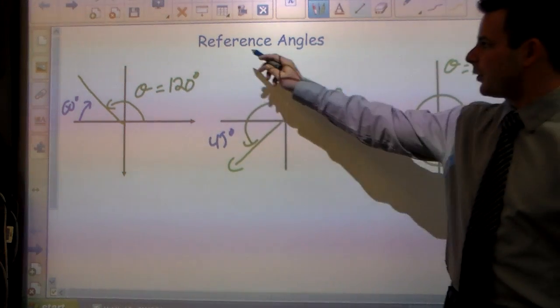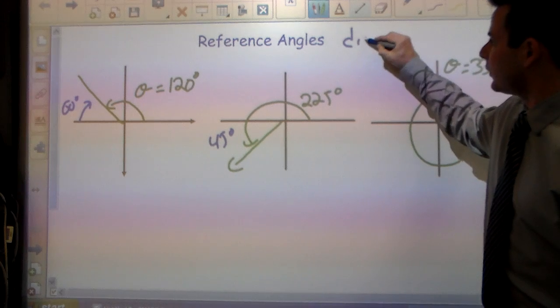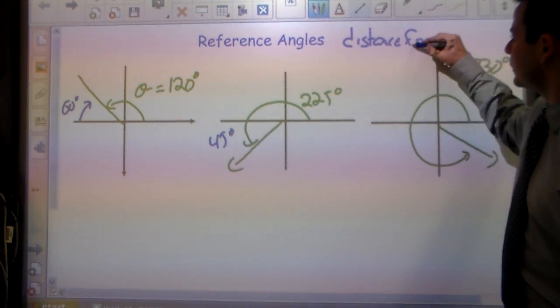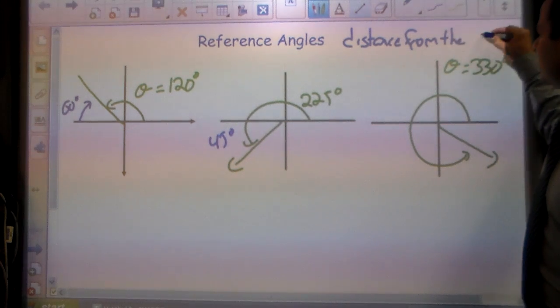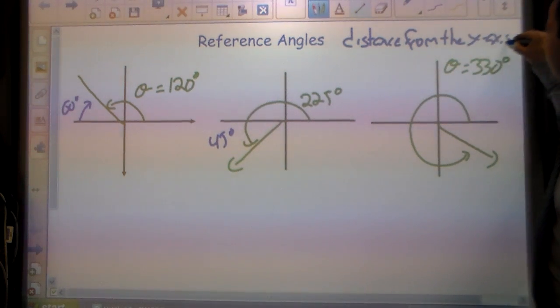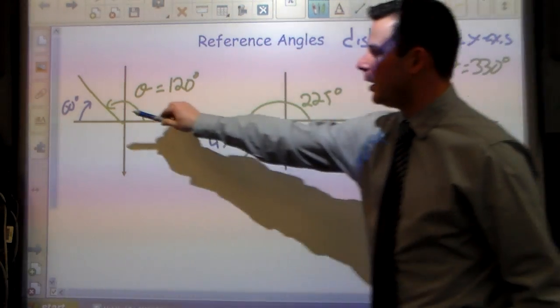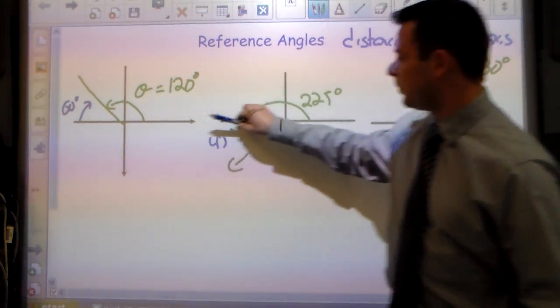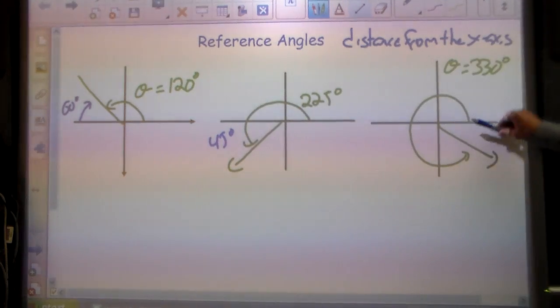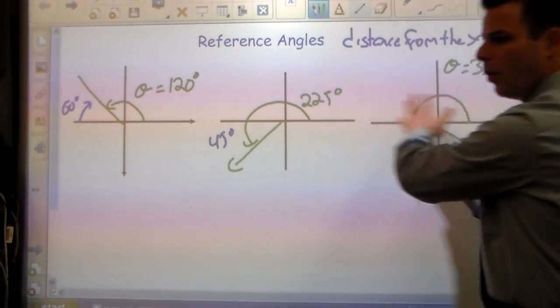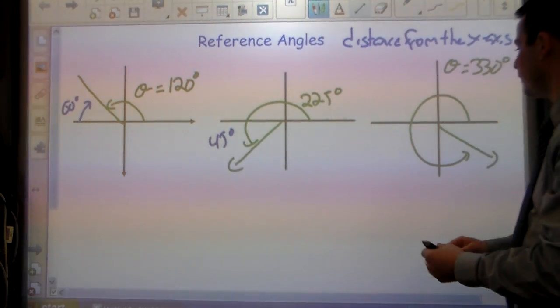So remember that a reference angle is a distance from the x-axis. Very important. You're never using the y-axis. You're always using before the x-axis or after the x-axis. So you'll be either using 180 or 360 to calculate your reference angle.